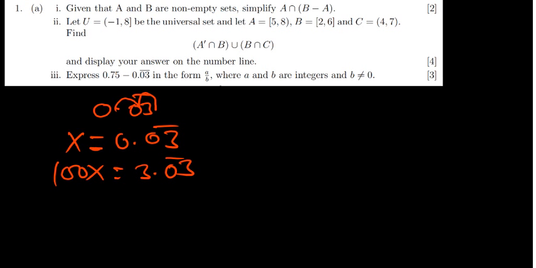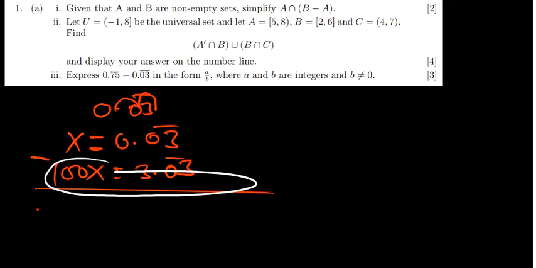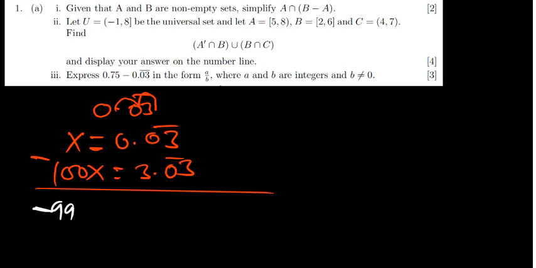So we have to subtract these. You can put this part on top and this one down, but it's the same. Even if you just do it directly, this is going to give you negative 99x, and this is going to give you negative 3. Now I can divide both sides by negative 99.